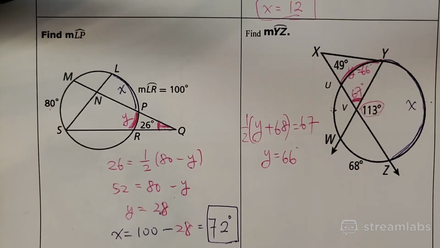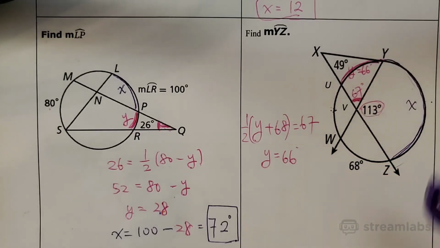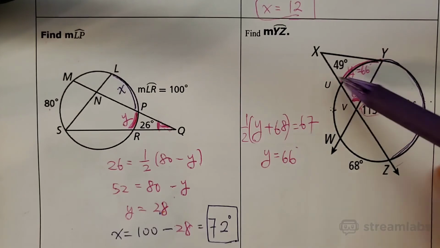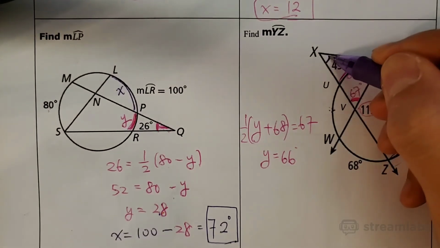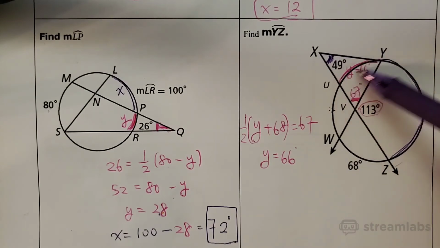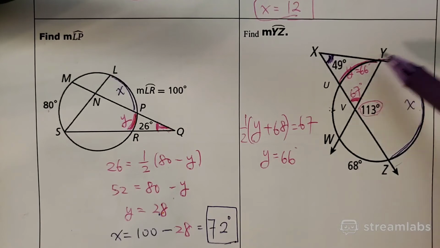Okay. So once I found that, I want you to look at this arc and this arc. The two I colored. One I don't know, one I do know, but I know this angle, right? How are they related? This angle versus this arc and that arc. Isn't this one of the situations that we had?